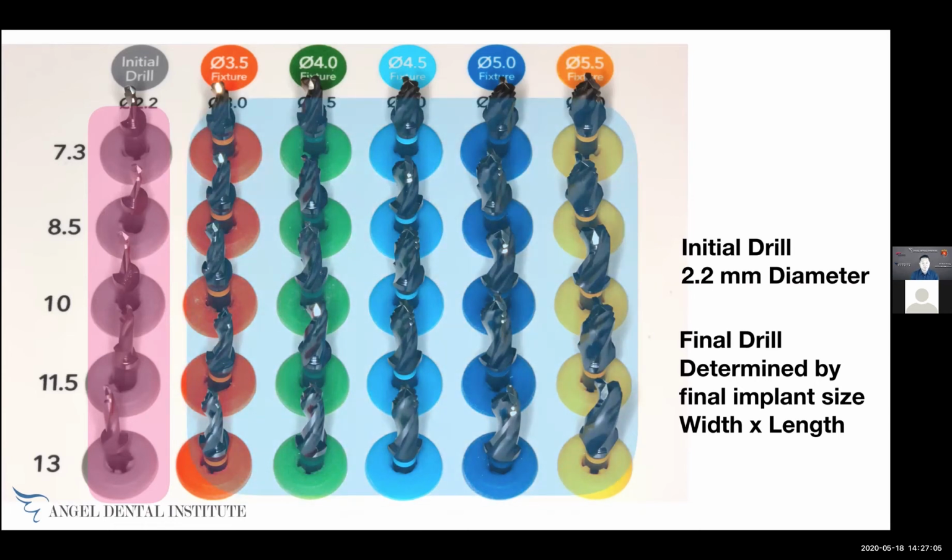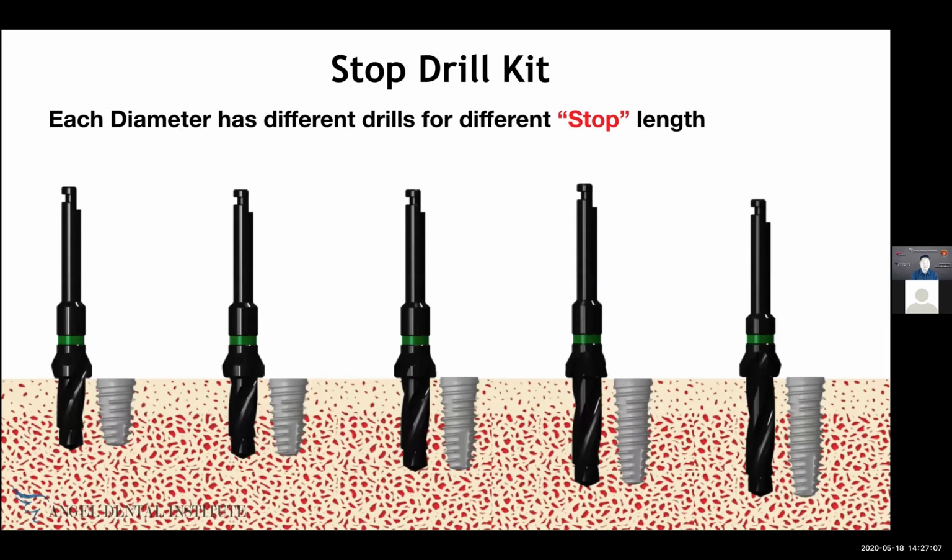All right. Stop drill kit, like I said, each diameter has different drills for different stop lengths. This green band around the drill here denotes a 4 millimeter diameter implant fixture, okay? But for different lengths, there are different stop drills. The first one is the 7.3 millimeter stop.